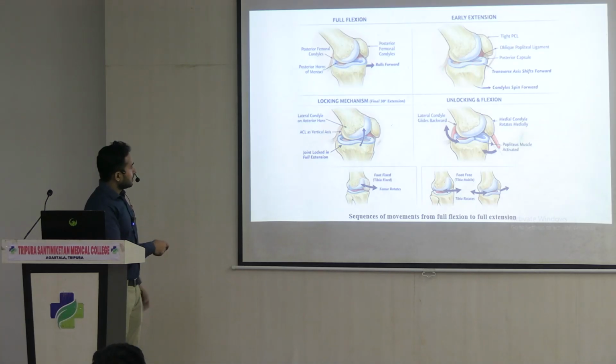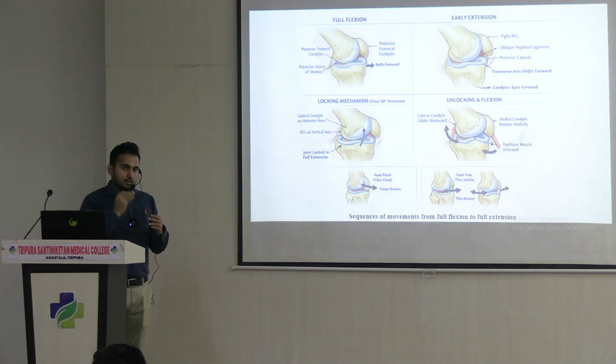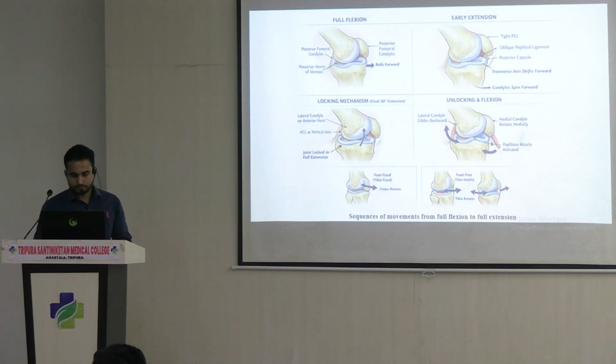Okay, now the lateral femoral condyle, which is there on the lateral meniscus, will reach the anterior horn first as compared to the medial femoral condyle. Okay, now at this stage, what happened? The medial femoral condyle has not yet reached the anterior horn. At that time, the anterior cruciate ligament, ACL, will become taut.